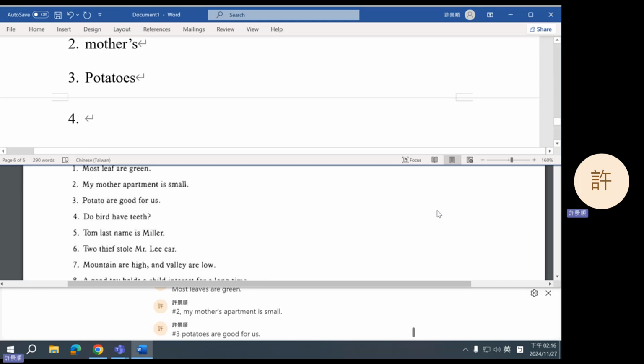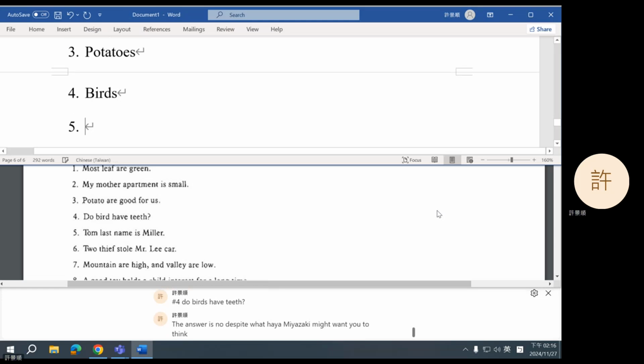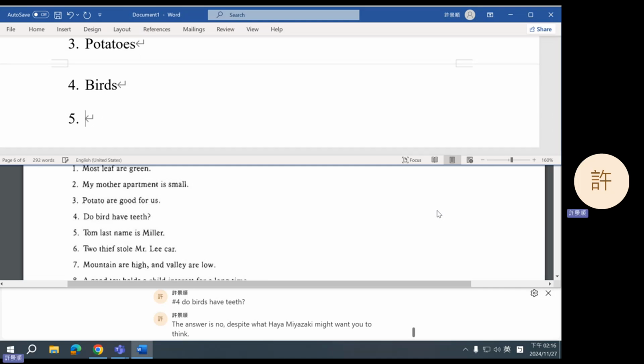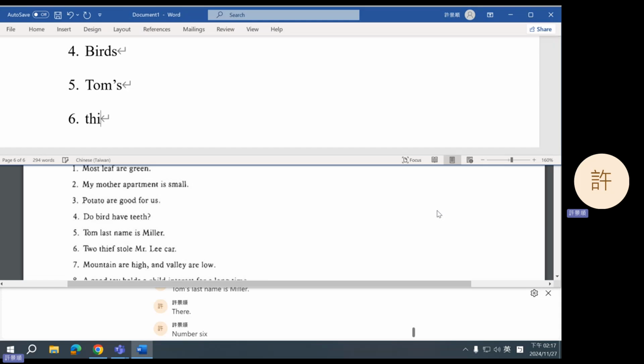Number 4, do birds have teeth? The answer is no, despite what Hayao Miyazaki might want you to think. Number 5, Tom's last name is Miller. Number 6, 2 thieves stole Mr. Lee's car.